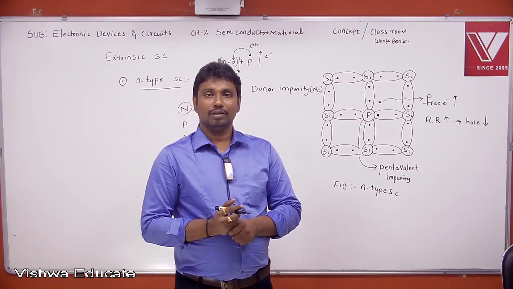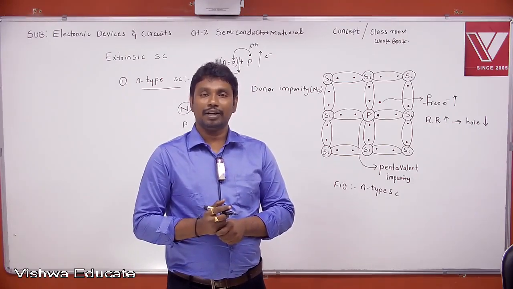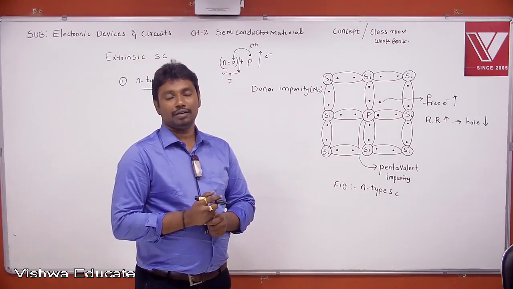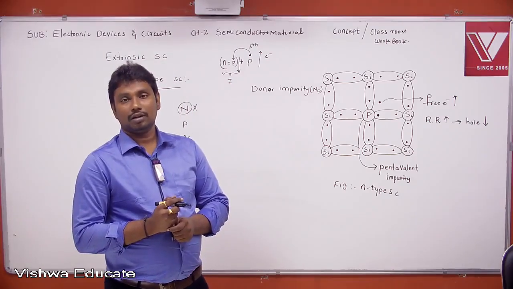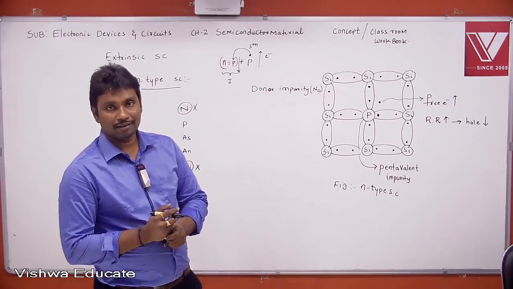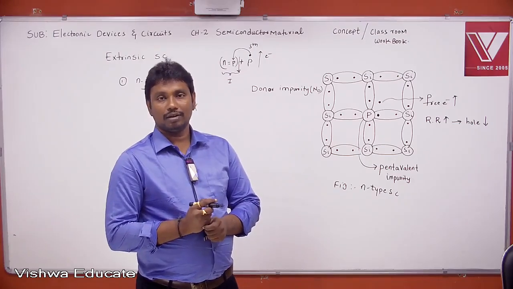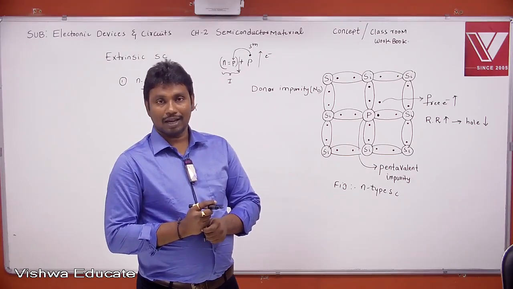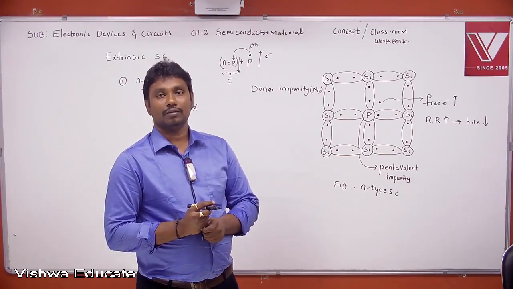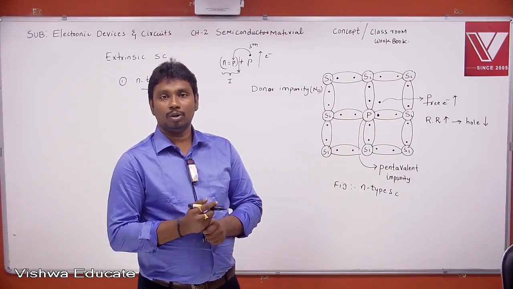Next point. The added pentavalent impurity can donate the 5th valence electron to the nearby atom, so that it is also called donor impurity.